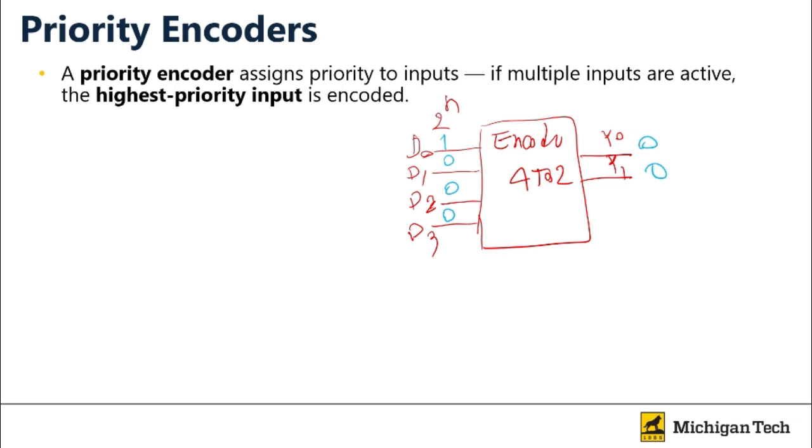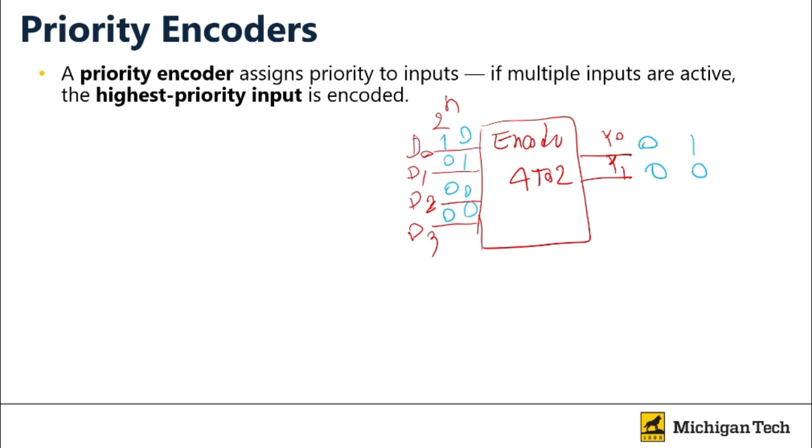Because it's for D0. Next time, for example, this is the input, and D1 is going to be encoded. So we get some code and we encode it. Like in a keyboard. In a keyboard, you have lots of keys, and when you press one, just one of them gets on. And the ASCII code corresponding to that key is going to get encoded.